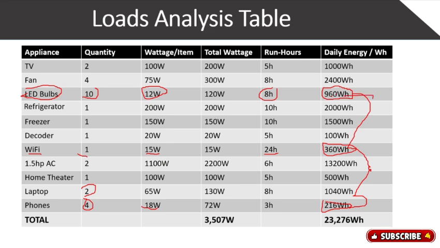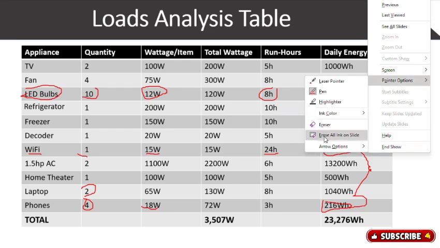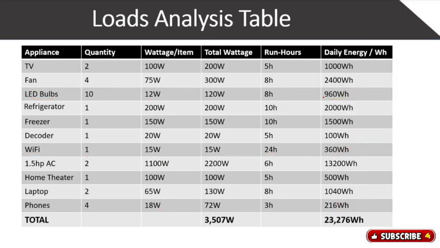this one, let me clear this drawing. Let's assume you didn't include this LED bulb because you think they are small, and this Wi-Fi because you think it's just 15 watts, and these laptops because you think it's just 65 watts, so it's not much, and the phones you think the phone is just small.